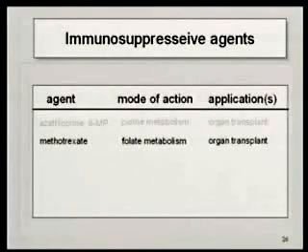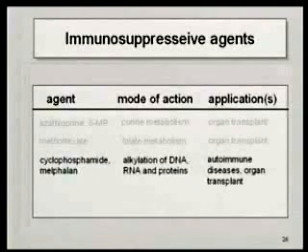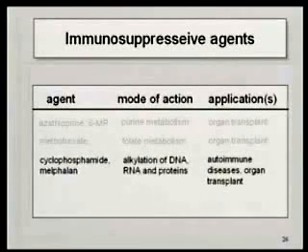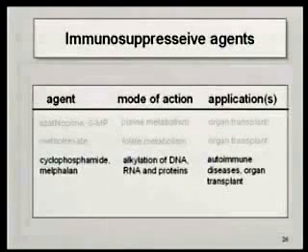Methotrexate, it interferes with folate metabolism. They're all immunosuppressive. Cyclophosphamide and melphalan, those are alkylating agents that can alkylate DNA, cross-link DNA, and therefore cells that are going into mitosis in response to antigen, like MLR in the case of transplantation, or activation by antigen, the DNA and RNA are cross-linked, obviously the cell is not going to go anywhere and it is going to die.